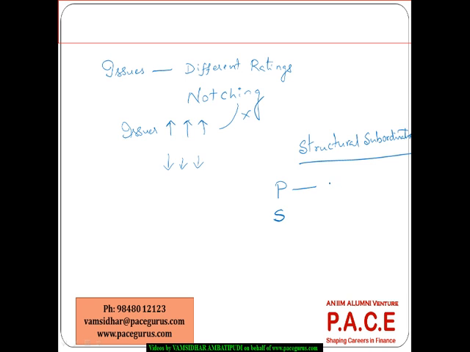The parent has some senior secured debt or senior unsecured debt and junior unsecured debt, and the subsidiary also has senior unsecured debt and junior unsecured debt. Now, if the subsidiary transfers the amount to the parent.